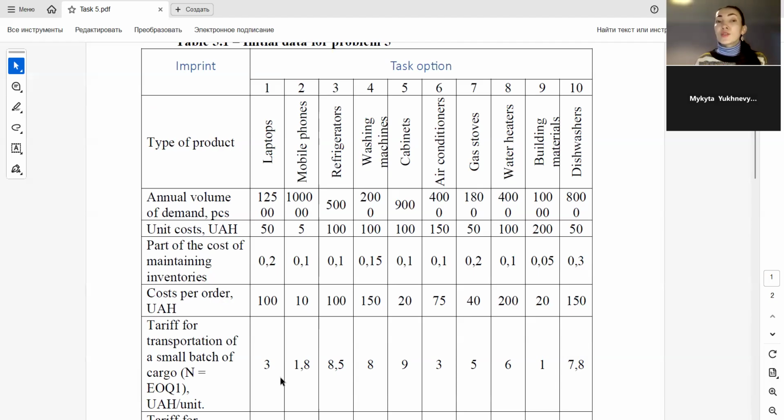Please find the information for your variant. So we use the third line and seventh line of our table. The result, we leave 2 points after the comma because it is hryvnias, and we find how much it is. The result will be in hryvnias for a small batch of cargo.